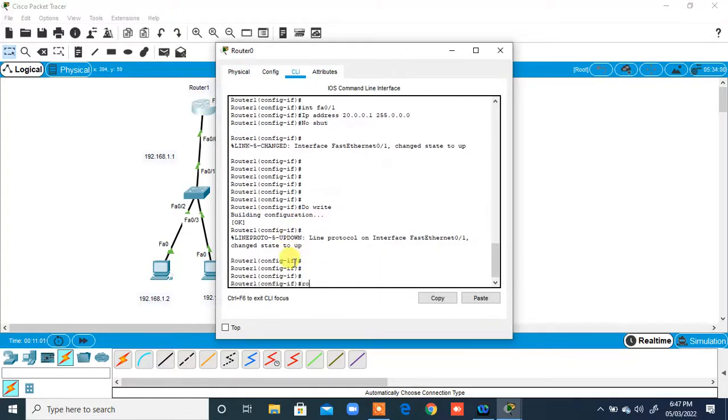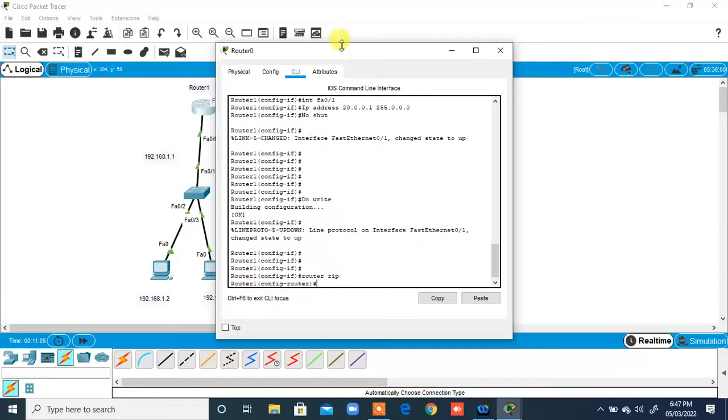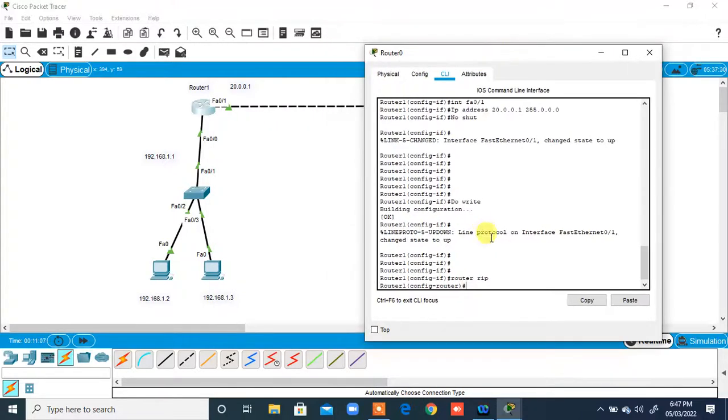Here we have to type router rip, and we have to advertise our network. How can we do that? We can do the advertisement with the help of the network command: network 192.168.1.0.